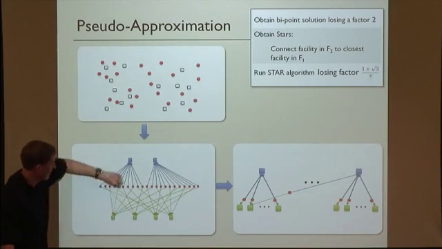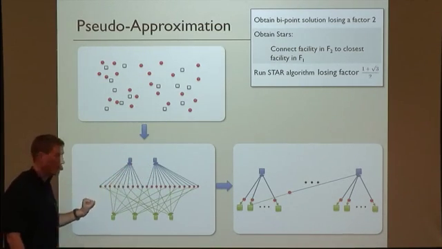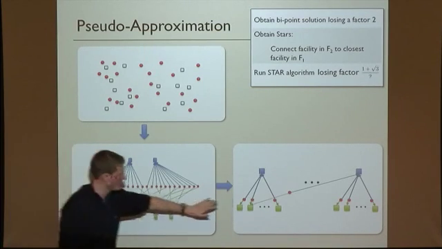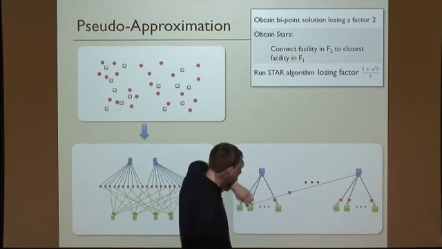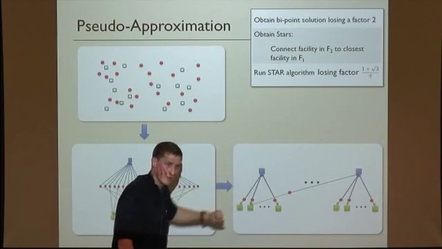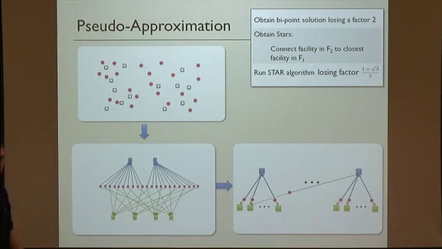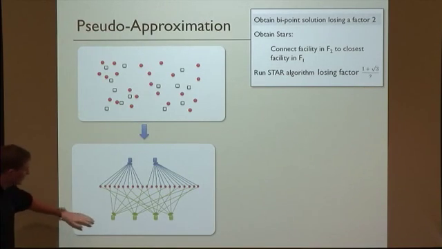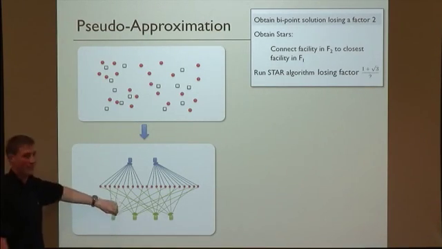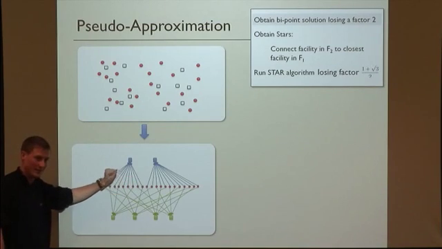Yeah, because here I have many clients, right? So this guy, these are part of the stars. These are the ones I picked, but I will have to keep the other clients. So let me redo it. So for each green guy, I will pick a representative, but I have to keep all the clients.